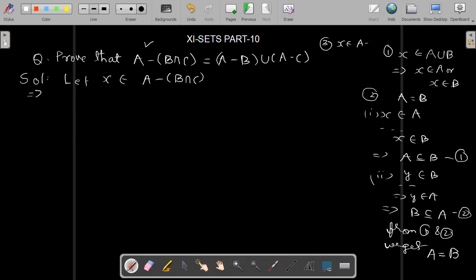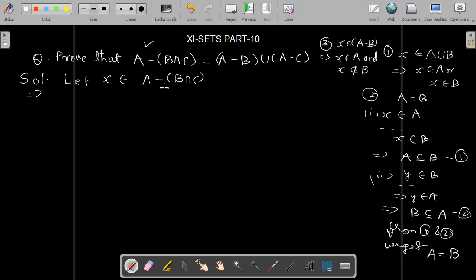If X belongs to A minus B, that we have seen in difference, this means X belongs to A and X does not belong to B. This property will be used.